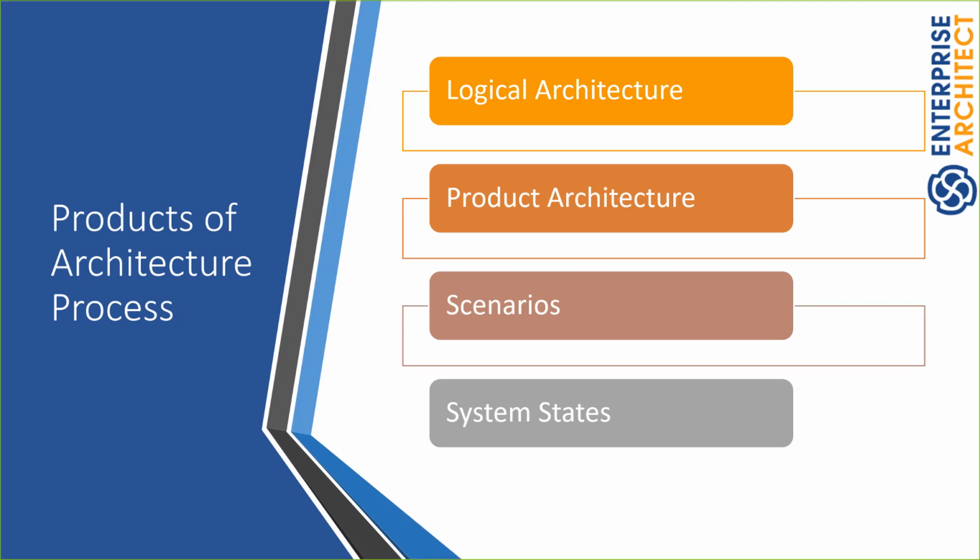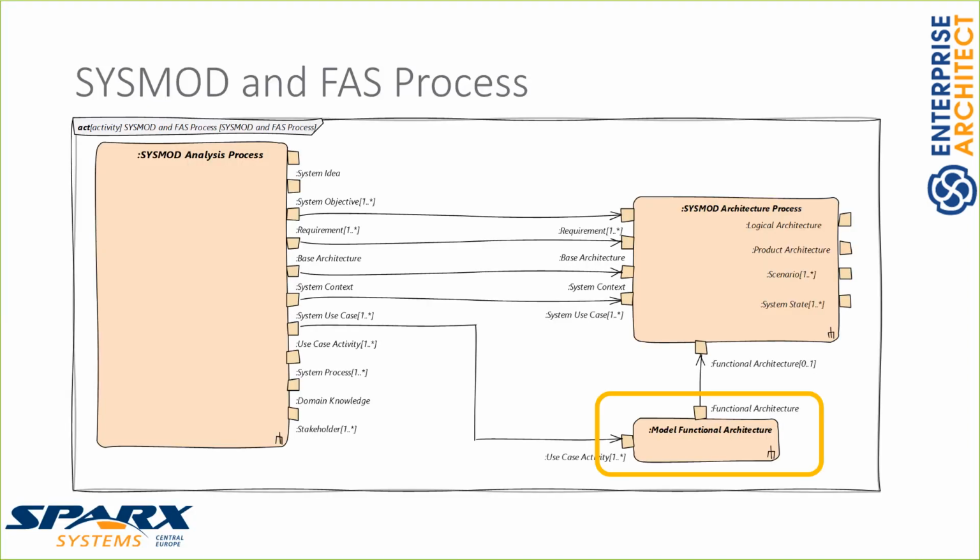So let us have a look at an overview of those processes, and there is another thing which is called functional architecture, which is a valuable supplement of SysMOD. Shortly, it's referred to as the FAS method, for those who might have heard of this. This diagram illustrates how FAS fits to SysMOD.